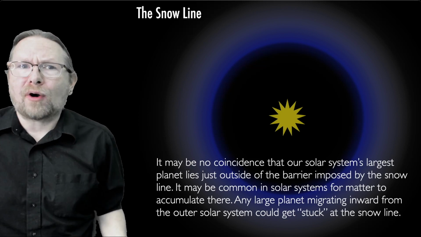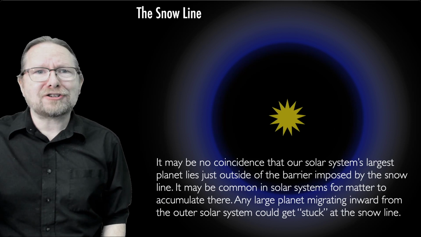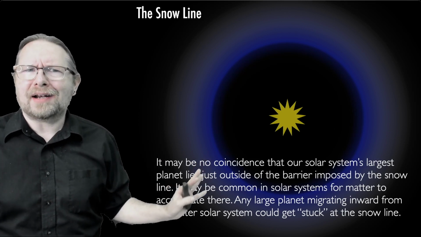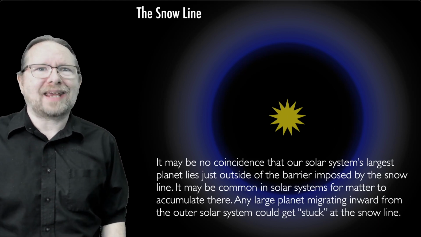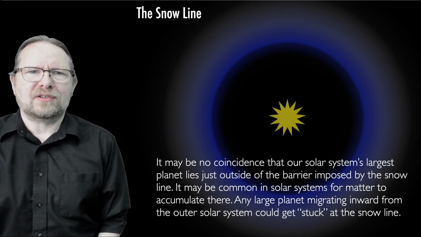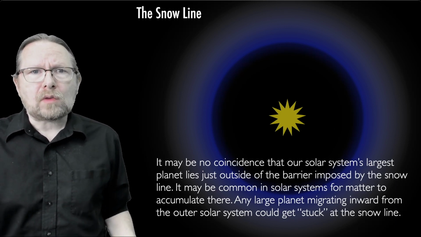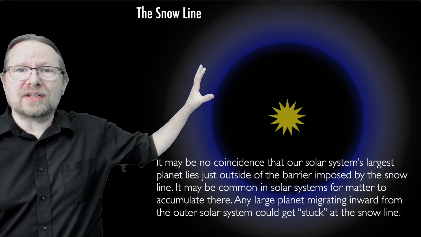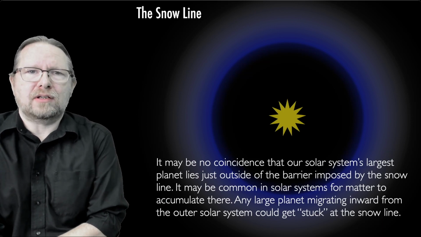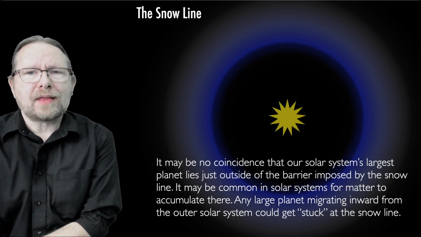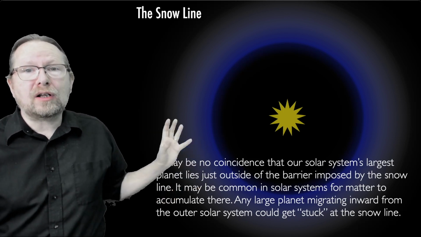The process of gas giant formation is complicated, and I actually had a couple of slides in this presentation that I took out because I don't want to get too deep into the mechanics, again, because some of it is changing right now. But let's take it as a given that the snow line represents a natural barrier in the formation of planets in the solar system. But that raises a really interesting question, which is, do all planetary systems look like ours?